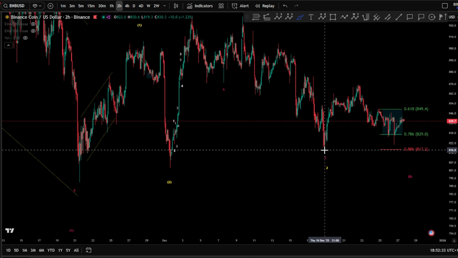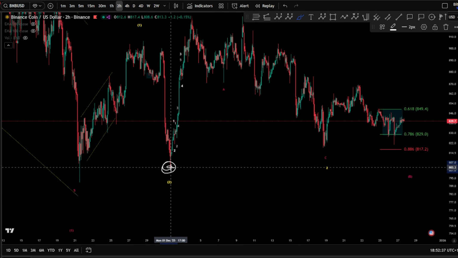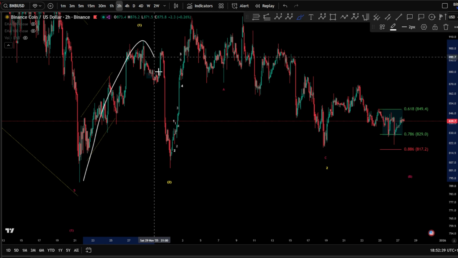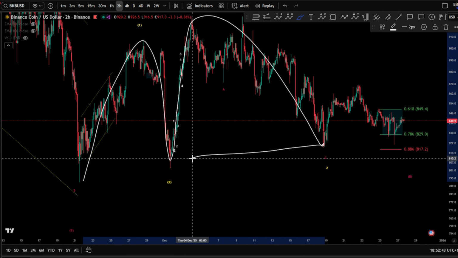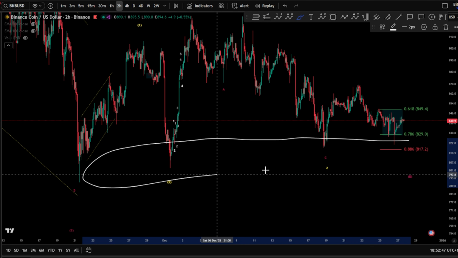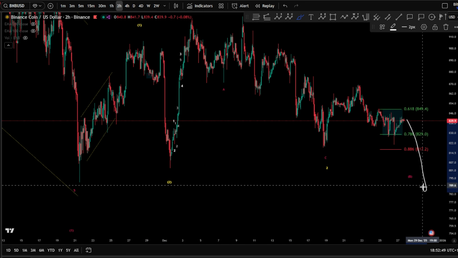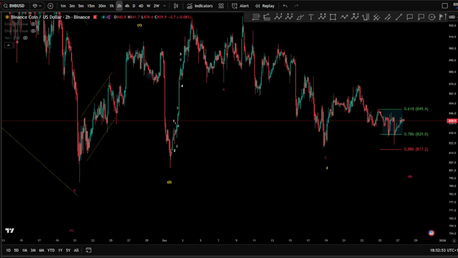It is a three wave, so nothing is impulsive properly there. 886 is also taken from there, so you cannot really count on a 1-2, and another 1-2 with another 886. That's horrible, guys. All these 886 suggest they will be taken sooner or later. So this is regarding BNB.